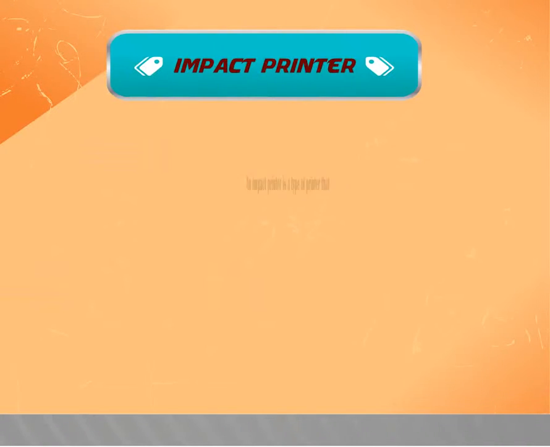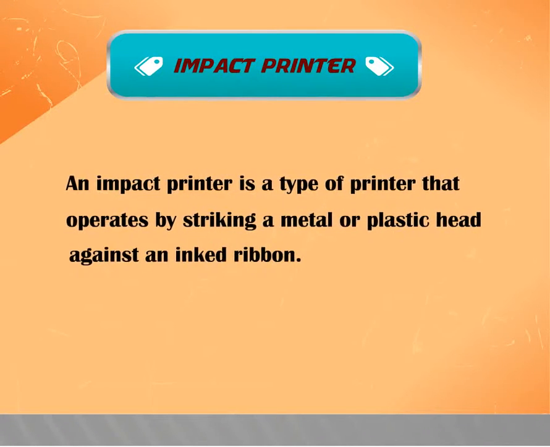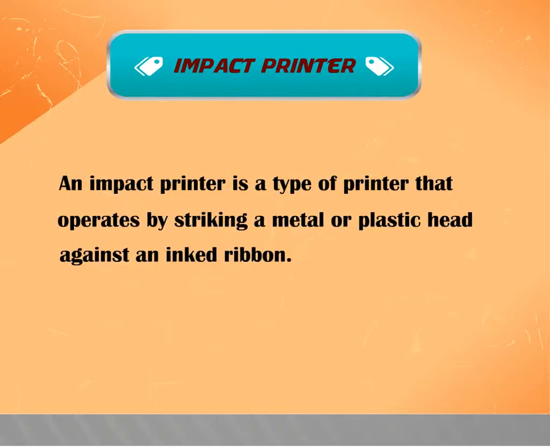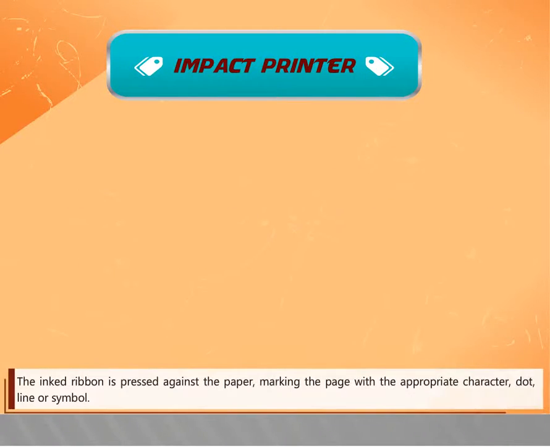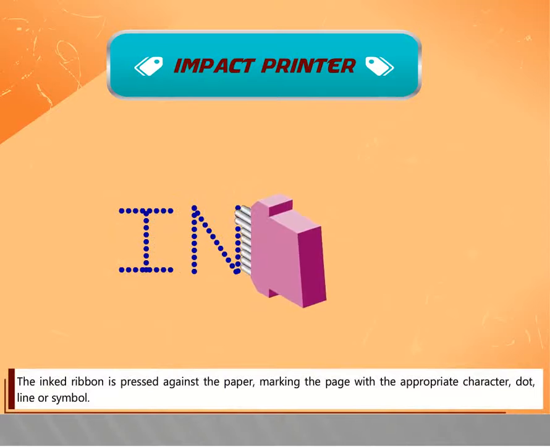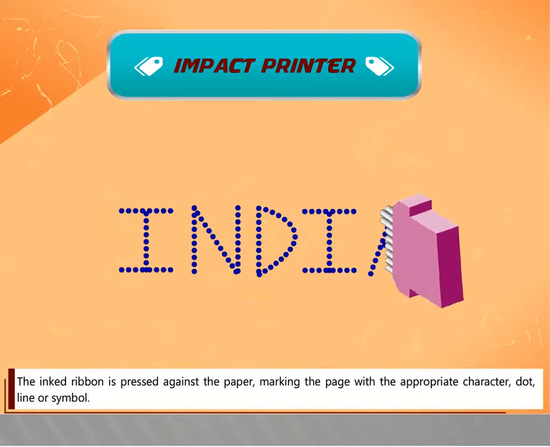Impact printer. An impact printer is a type of printer that operates by striking a metal or plastic head against an inked ribbon. The inked ribbon is pressed against the paper, marking the page with the appropriate character, dot, line or symbol.